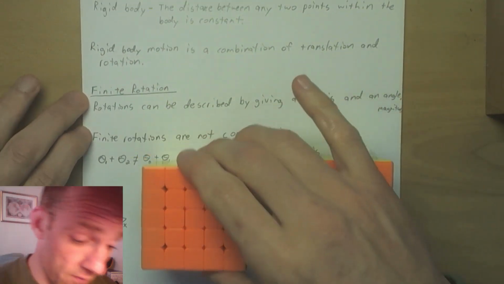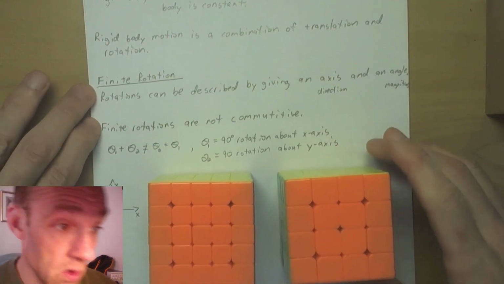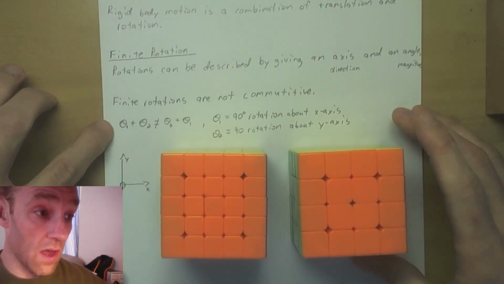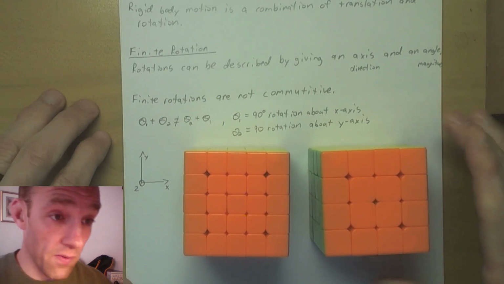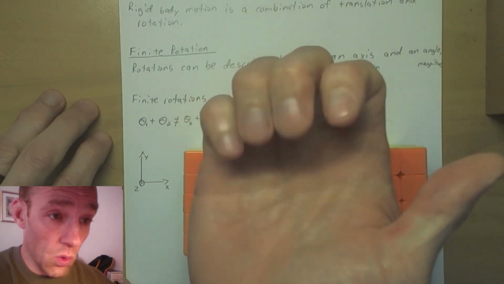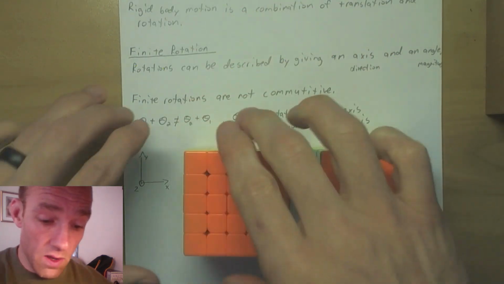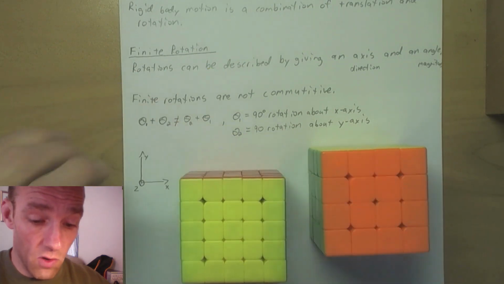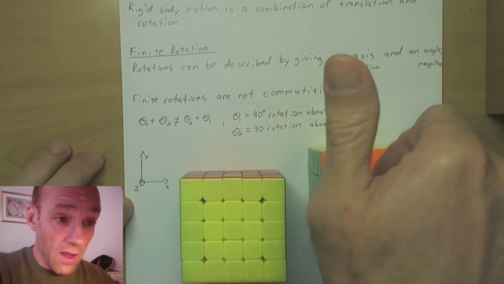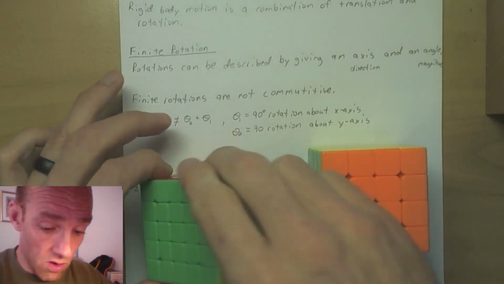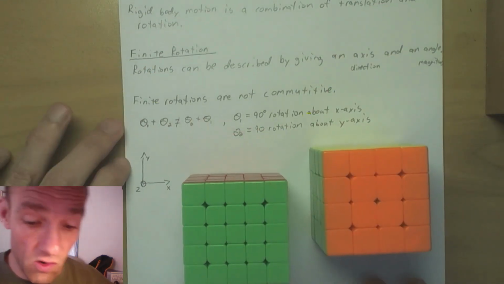Now, on the first one, I'm going to do theta 1 plus theta 2, which means I'm going to rotate about the x-axis using the right-hand rule. 90 degrees would be a rotation this way. So that's about x. Now I'm going to rotate about y, which would be in this direction. You wind up in that orientation.